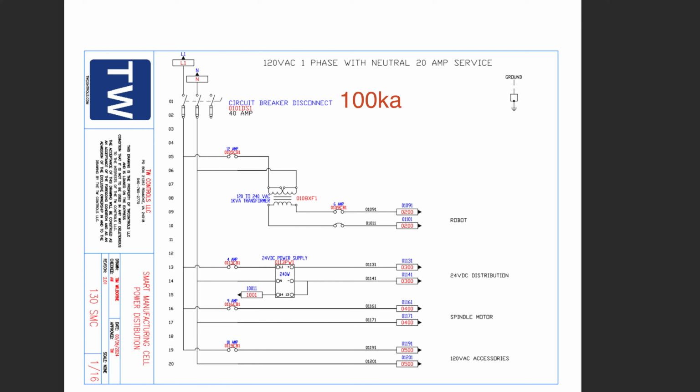My initial thought was to use circuit breakers here, and the ones that I was going to use were 10 kiloamp. Now let's talk about devices that we can't find the interrupt rating for. UL does have a very convenient table that you can go to, but let's talk about the pitfall of using UL's table.